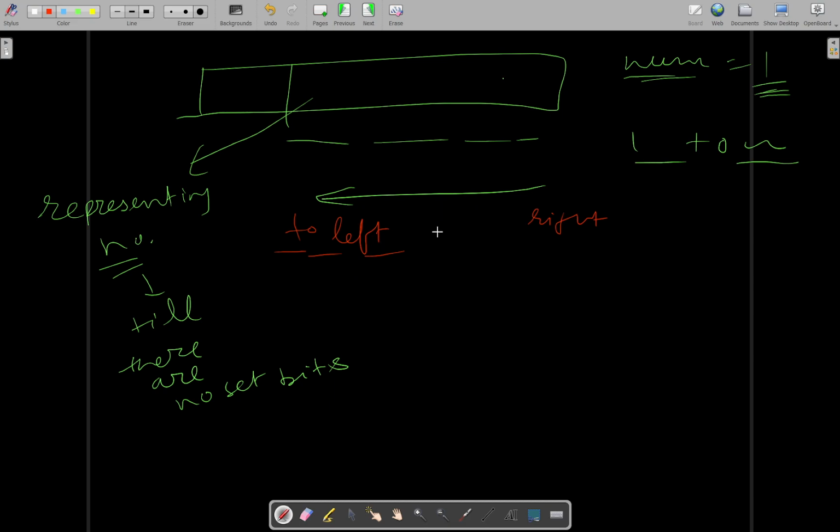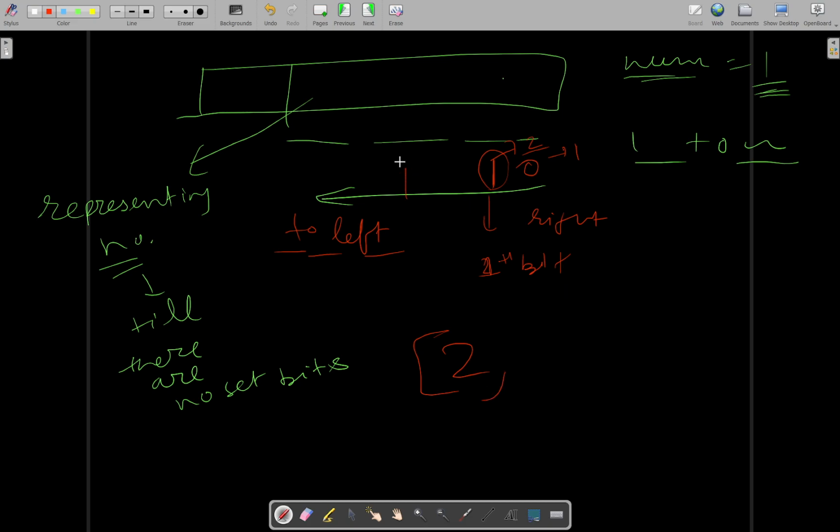And as soon as we find a match, let's say this was the number, and here num's value was 1, and this was the 0th bit, and here num's value would be 2. Now say this bit is set, then you will include 2 in your combination.